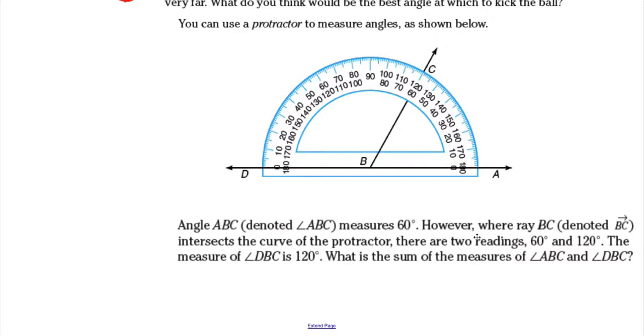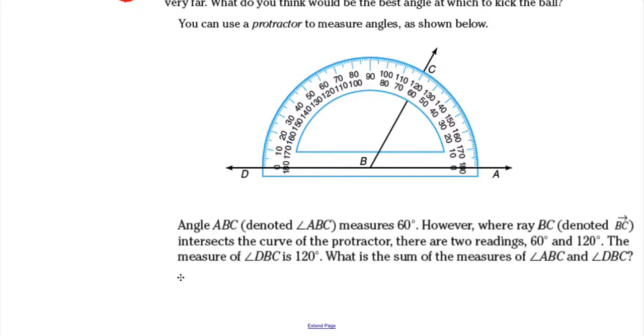However, ray BC, this is ray BC right here, denoted by an arrow on top and the letters BC at the bottom, intersects the curve of the protractor. There are two readings, 60 degrees and 120 degrees, and always we read from the zero of the protractor.